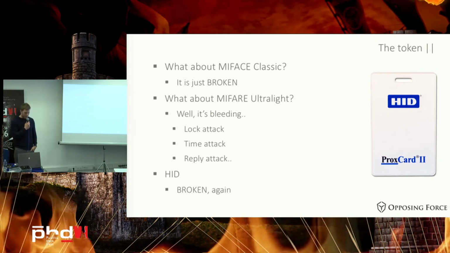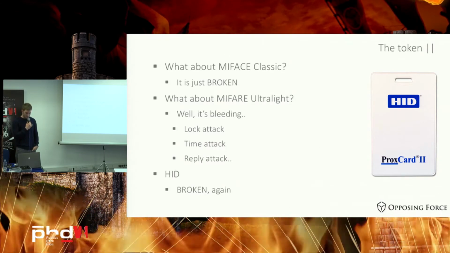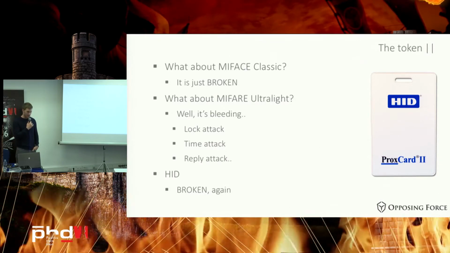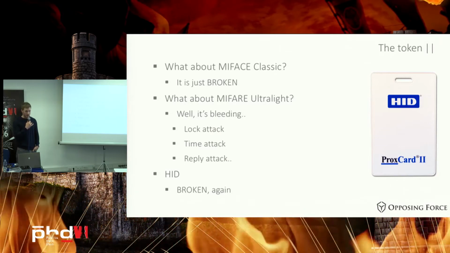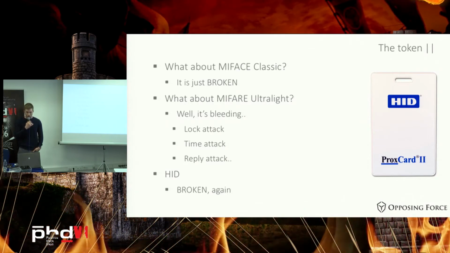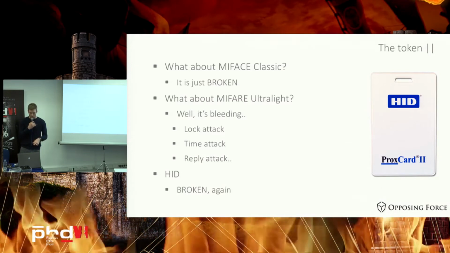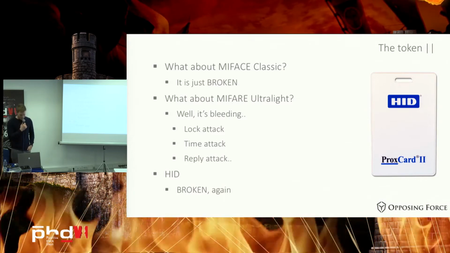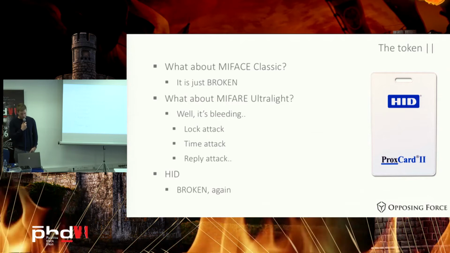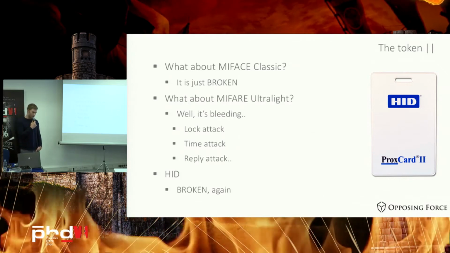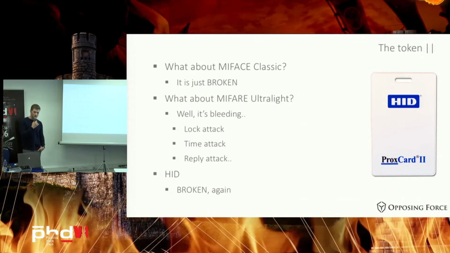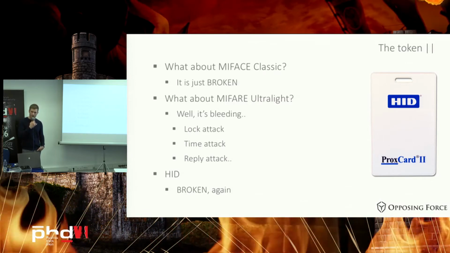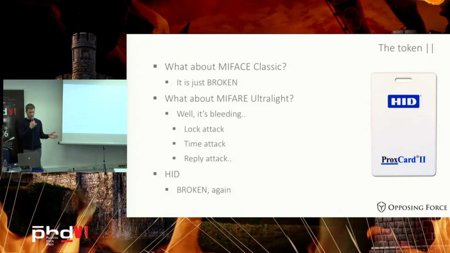We have 3 attacks I developed in the past: the lock attack, the time attack, and the replay attack. I won't talk about that here now. I have another talk tomorrow, so if you want to know more about those, come tomorrow. And then we have HID, which is broken again. So at the moment, if you want to create an access control system for your organization or your building, go with DESFire EV1 or EV2.